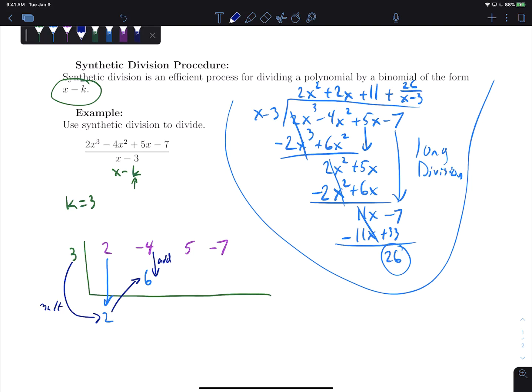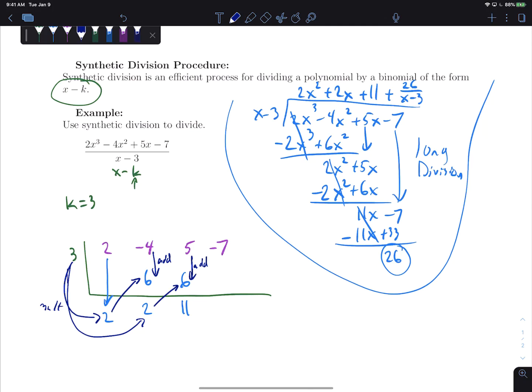Negative 4 plus 6 is, well, 2. Then we multiply again. 3 times 2 is 6. And that goes there. Then, of course, we add. 5 plus 6 is 11.